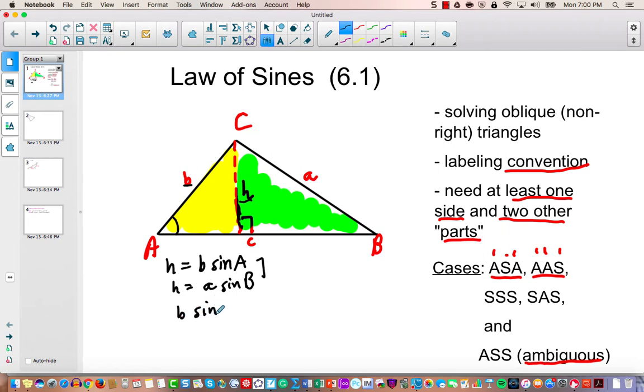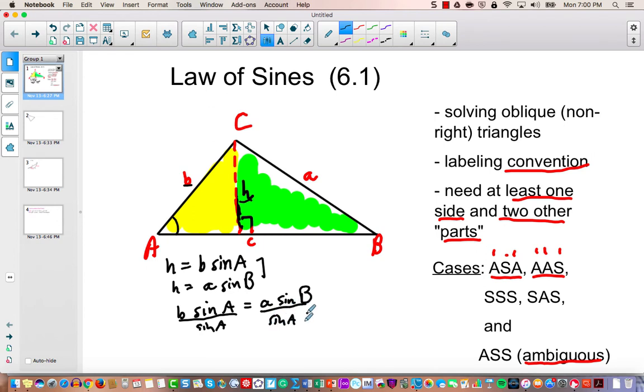So I can say that B sine A equals A sine B. And then I can divide both sides by sine A and sine B. When I divide this side by sine A, it's going to cancel out, and it's going to appear over here.